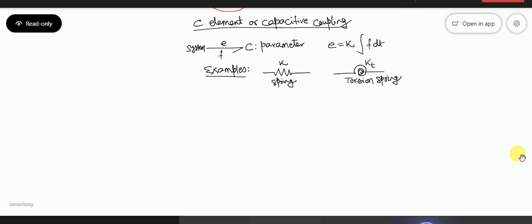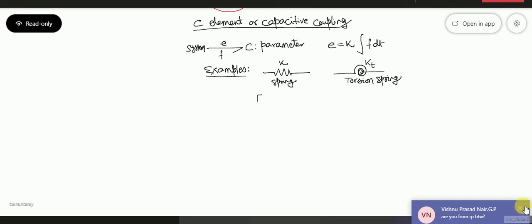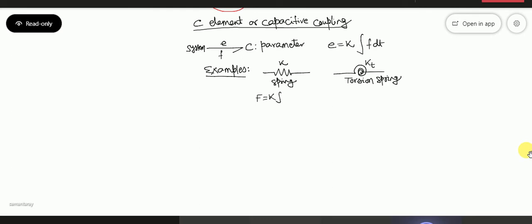These are simple springs which store potential energy. And we know for this, F is K times integral of x dot dt. For this one, torque is kt times integral of theta dot dt, and so on.